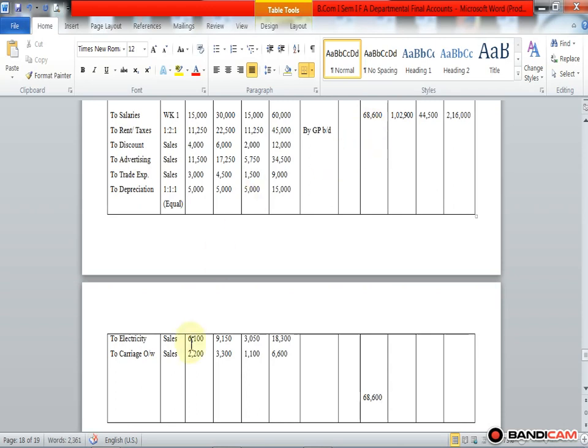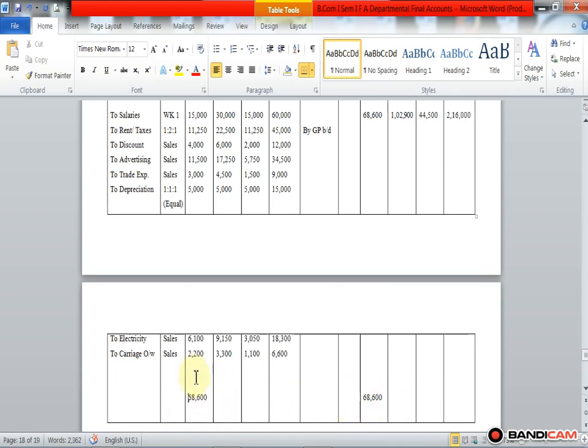So put this total into debit side of department H, 68,600, and find the difference.